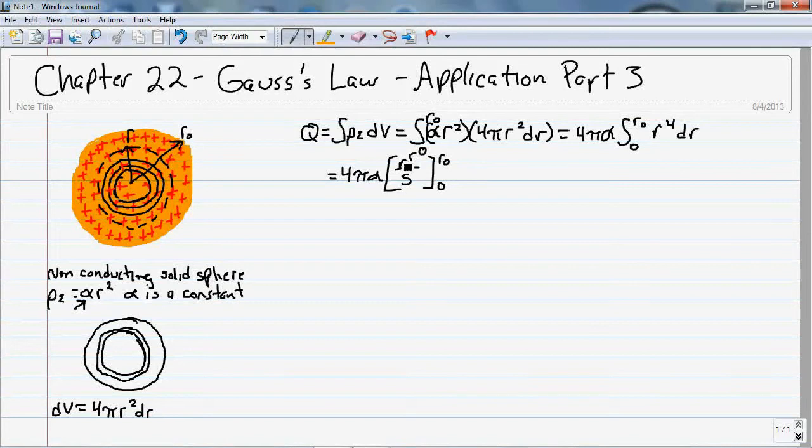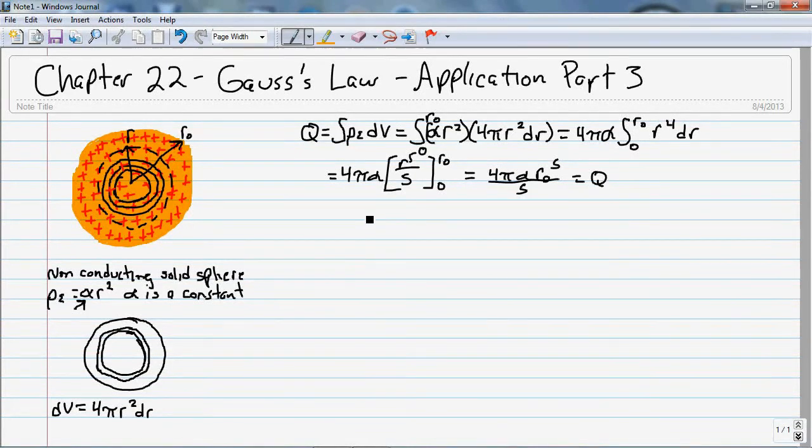Well, I put a 0 in here, that's just 0, so that leaves me with 4 pi alpha r naught to the fifth over 5. And this is just equal to Q. And now I need to solve for alpha.